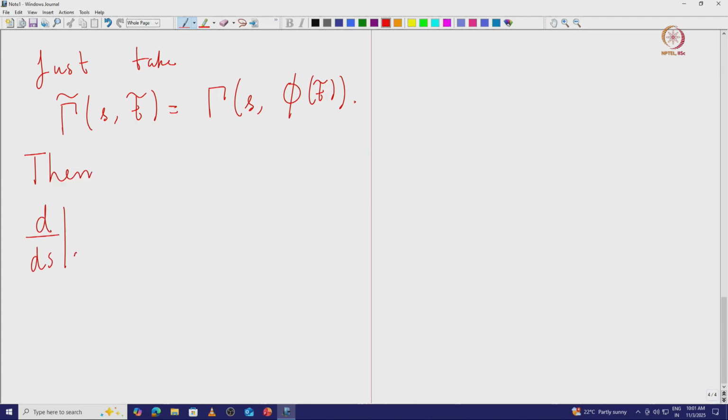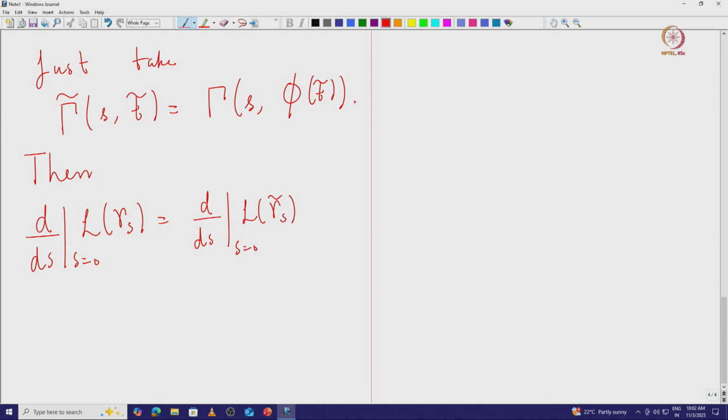now if you take the derivative at s equals 0 of the length functional, well, that is going to be the same as the derivative at s equals 0 of the length of gamma s tilde, because each gamma s tilde is a reparameterization of gamma s.